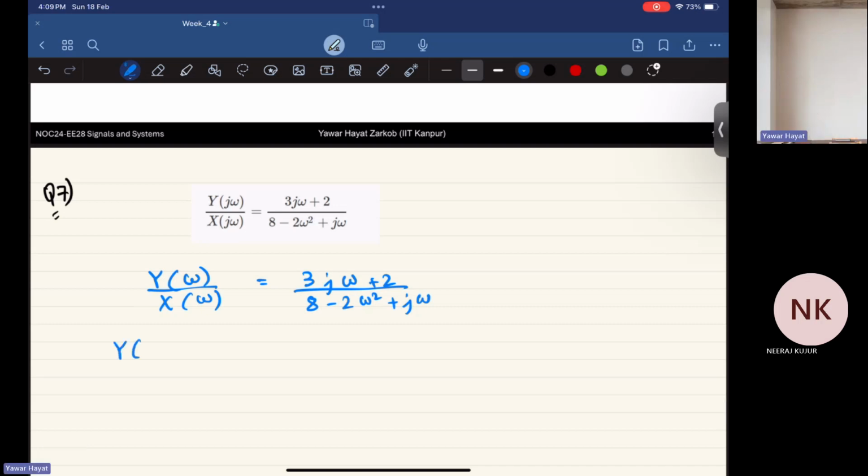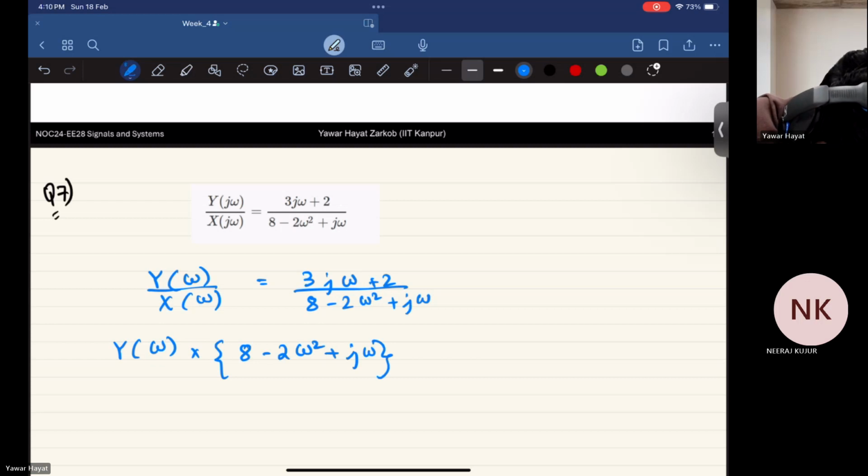So then let me multiply this y of omega by 8 minus 2 omega square plus j omega, and this x of omega by this 3j omega plus 2.